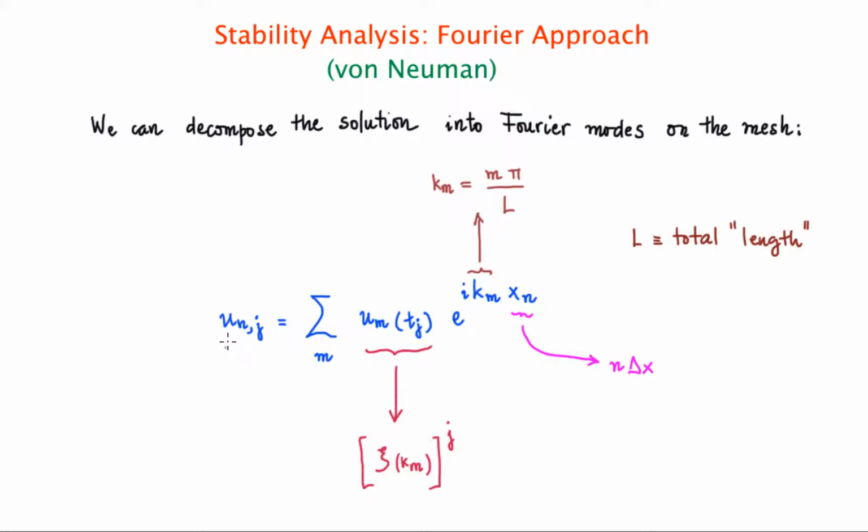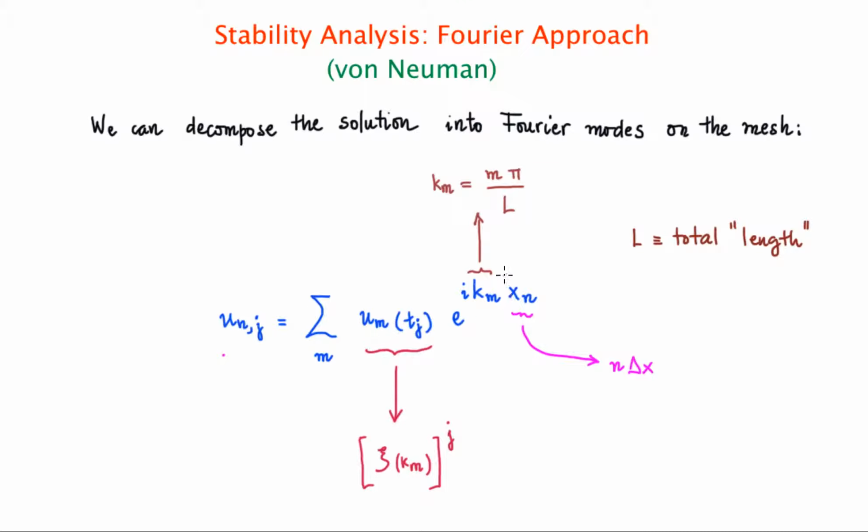So any solution, the u function at a particular point n and a particular time j, can be written as a sum over m, which indexes the different modes, and the modes have a particular k_m, which is m, an integer, times pi over L, where L is the total length of the system we are considering, the maximum length in the x direction.